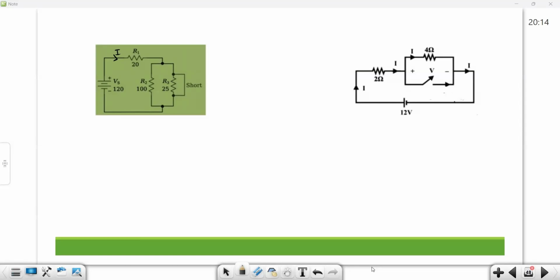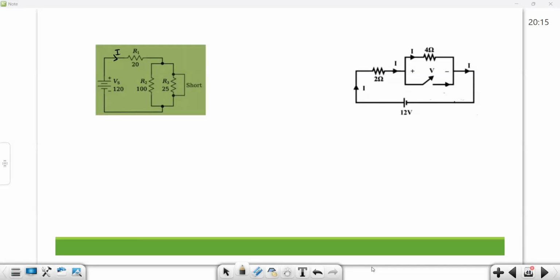Short, 1 amp. Then how did you say 3 amps?